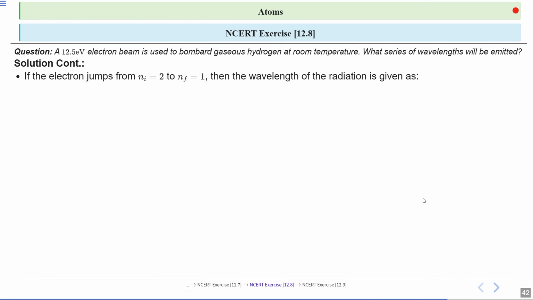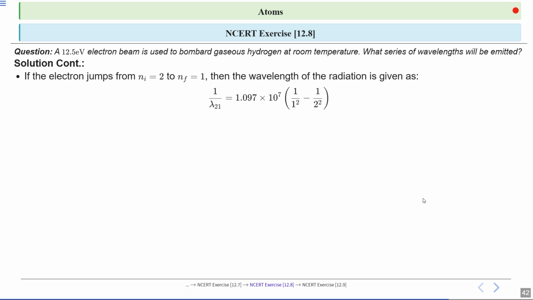Let's focus on one possible transition when an electron jumps from the second energy level n equals 2 down to the first energy level n equals 1. This is called the transition from n initial equals 2 to n final equals 1. The wavelength of the emitted radiation for this transition can be calculated using the Rydberg's formula, which relates the energy level of hydrogen to the wavelength of light emitted.